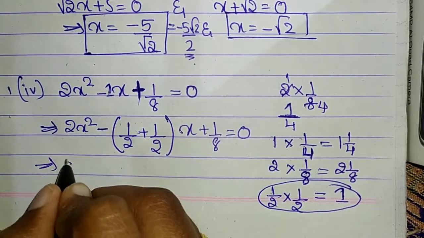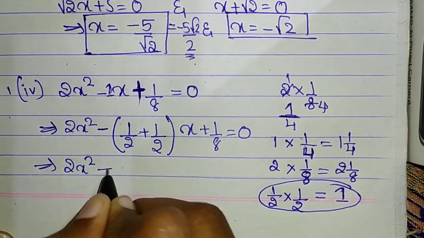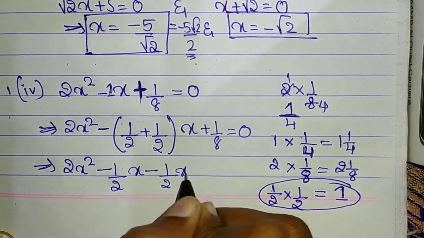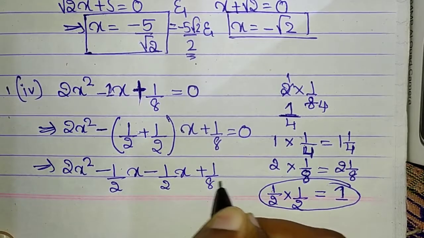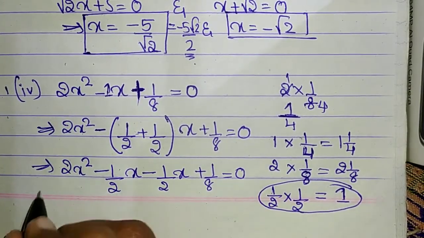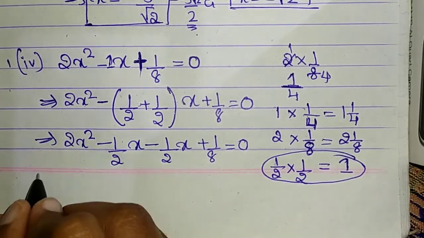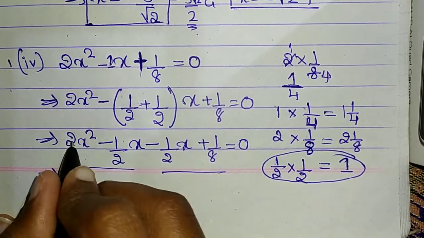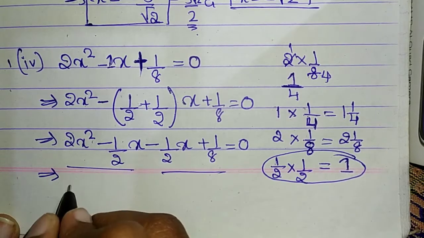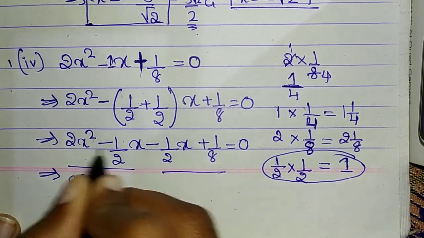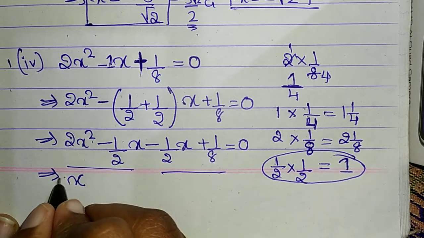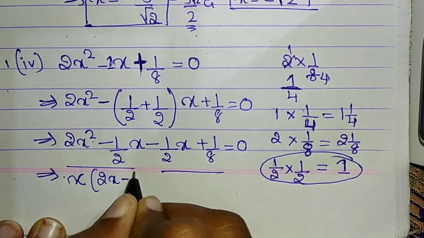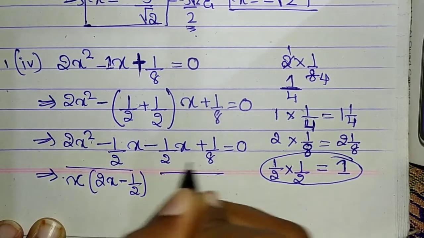So this implies 2x square, opening the brackets, minus half x minus half x plus 1 by 8 is equal to 0. Now this implies, taking common, 2x square minus half x.